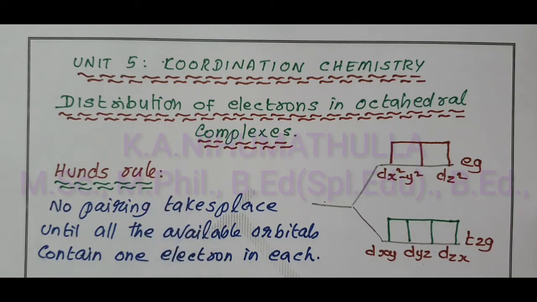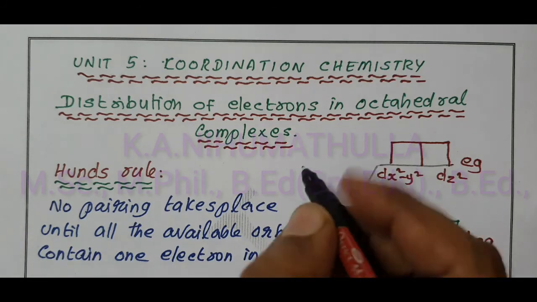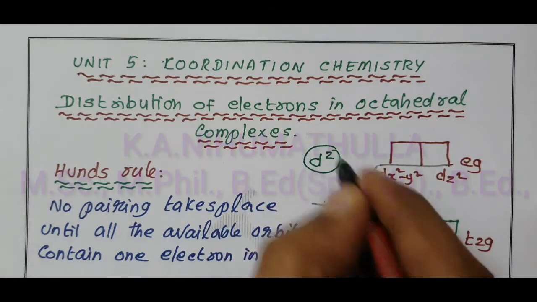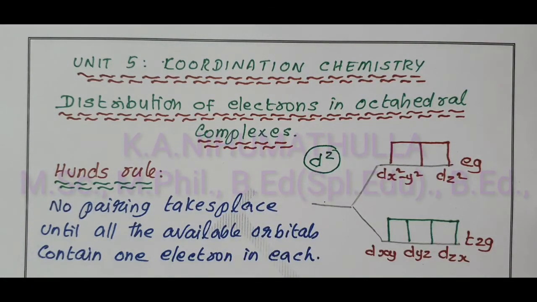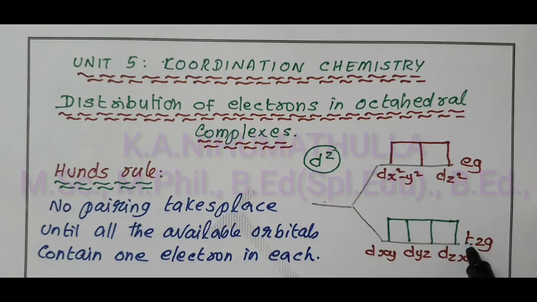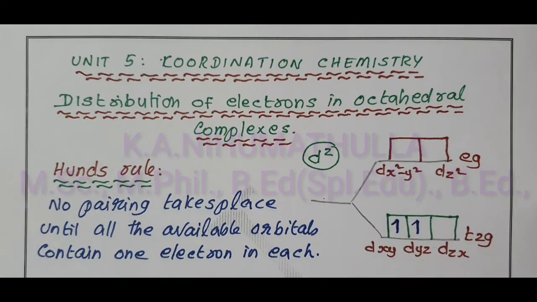In octahedral complexes with d2 and d3 configuration, if the central metal ion has 2 electrons in the outermost shell, we can easily distribute these 2 electrons in the lower energy t2g orbitals, one electron, then the second electron, according to Hund's rule.